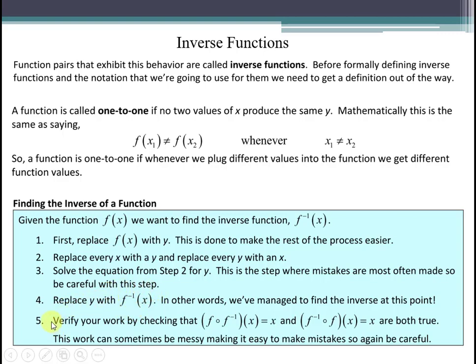And the fifth one is additional. If we want, we can verify our answer. So f composition f minus 1 of x is x, and f minus 1 composition of f is equal to x, are both true. So we can verify our work.